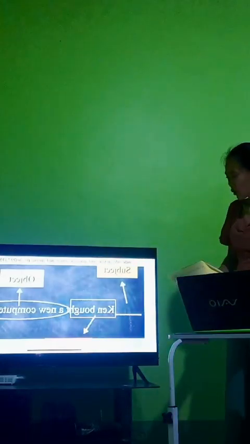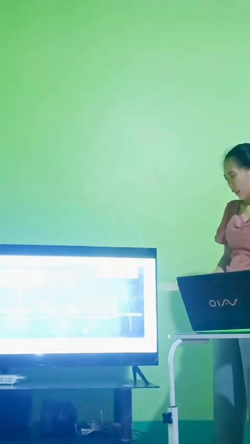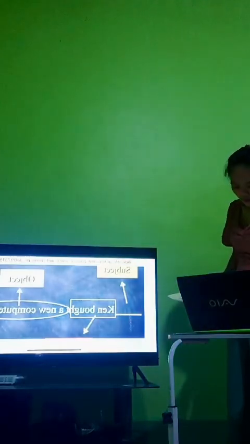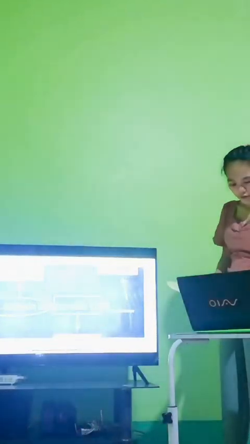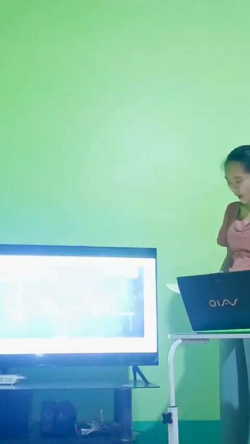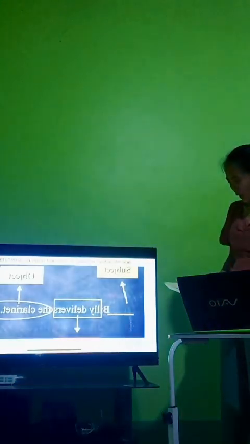Okay, can you read? Ken bought a new computer. The subject is Ken and the object is computer. The next one, Billy delivers the clarinet. Our subject is Billy and our object is clarinet.